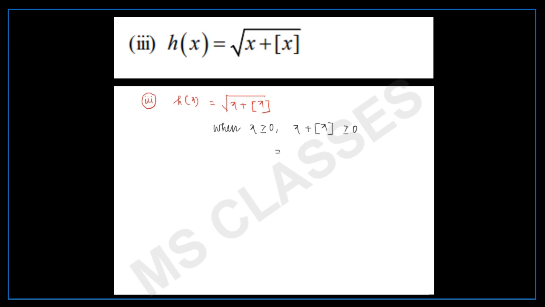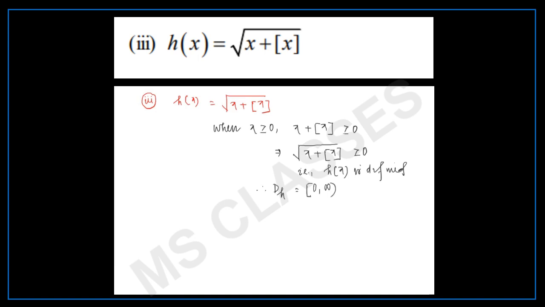And this implies root over of x plus box x is greater than or equal to 0. That is, h(x) is defined.